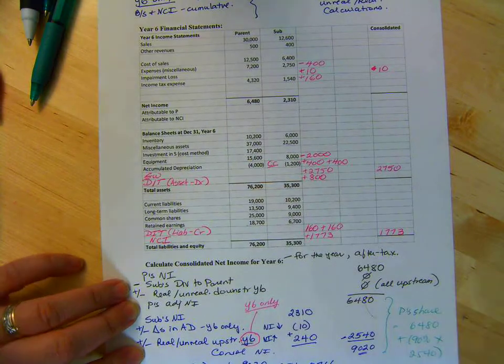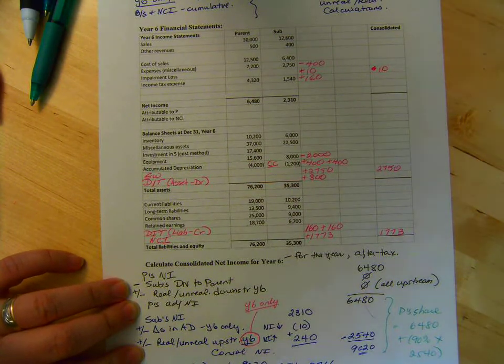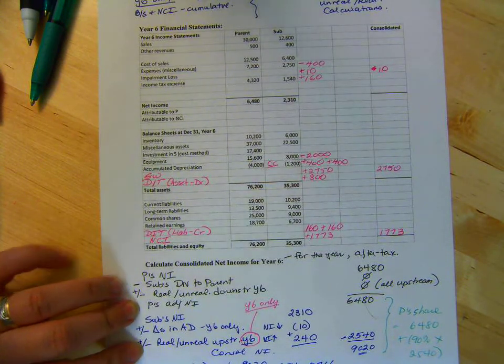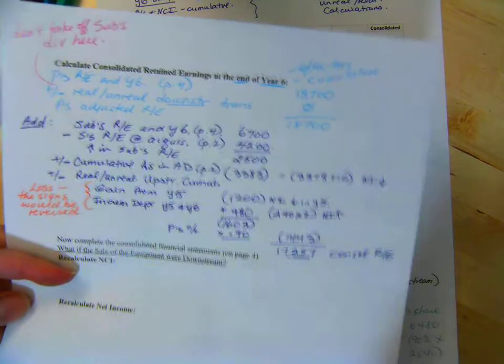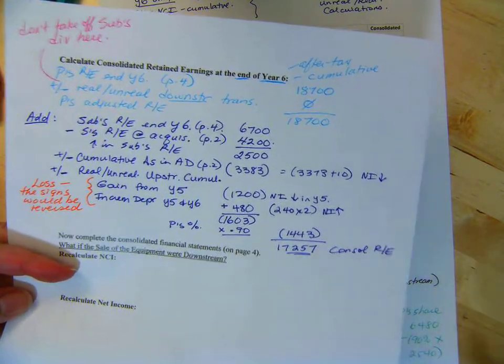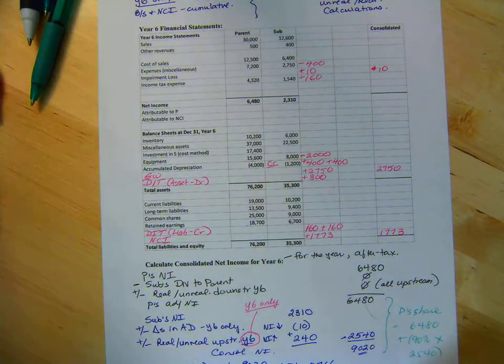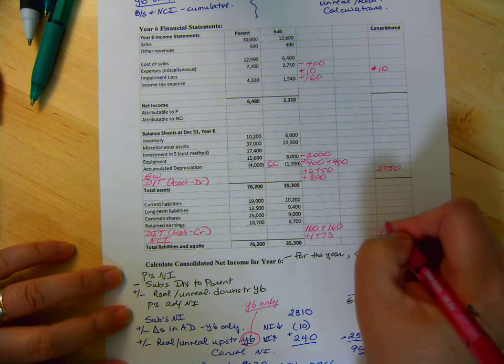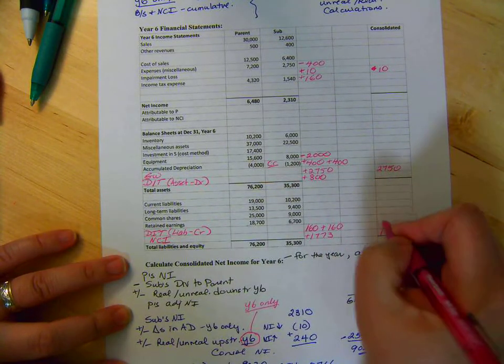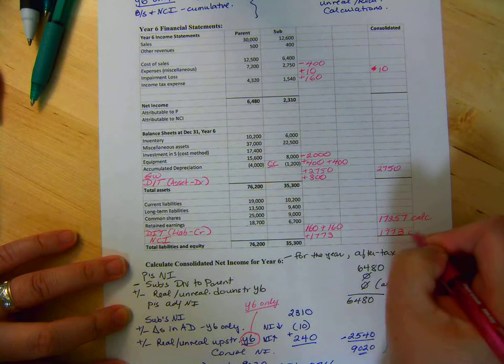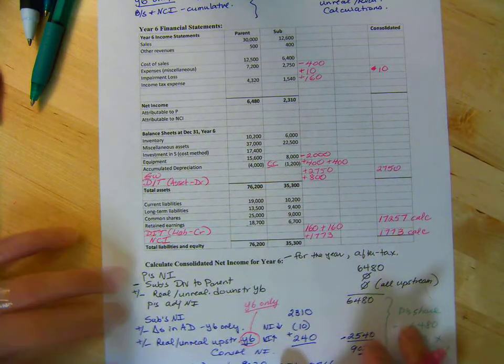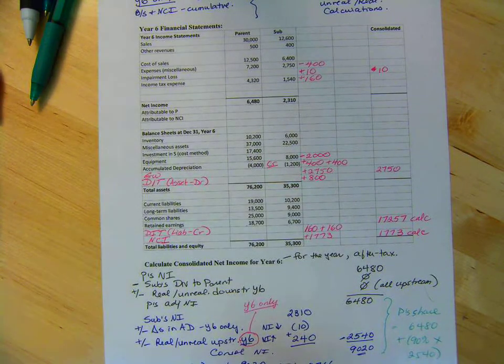And then page 4, which is hiding. On page 4, we need our consolidated retained earnings at the end. 17,257. Okay.